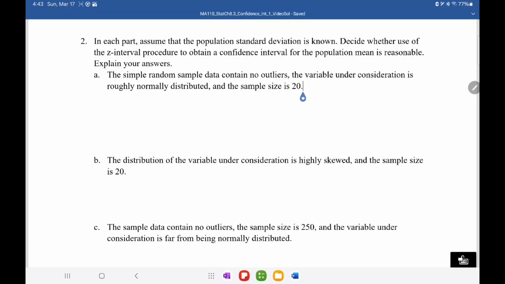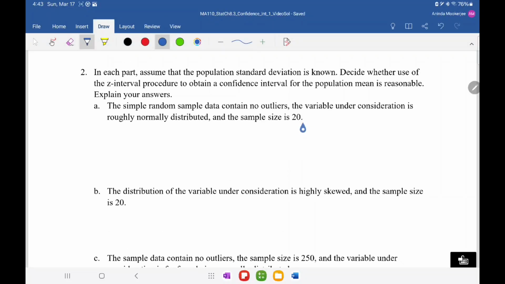Now, before we proceed with this, let me list on the side the assumptions we had learned that must be satisfied in order to use the z-interval procedure. So let me get my pen out here. So the assumptions for a z-interval procedure, number 1 is that the data must come from a simple random sample. All right, the data must be obtained using a simple random sample.